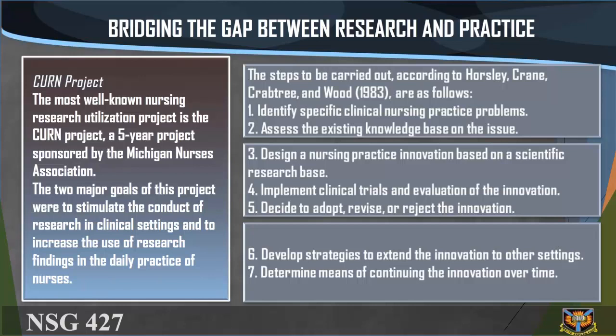Design a nursing practice innovation based on a scientific research base. 4. Implement clinical trials and evaluation of the innovation. 5. Decide to adopt, revise, or reject the innovation. 6. Develop strategies to extend the innovation to other settings. 7. Identify means of continuing the innovation over time.